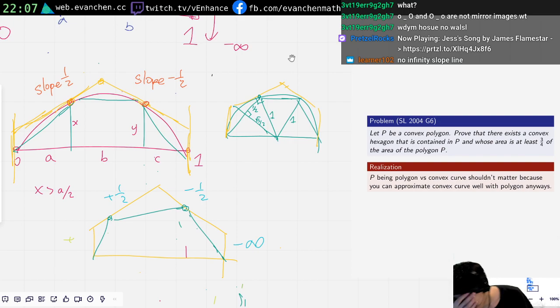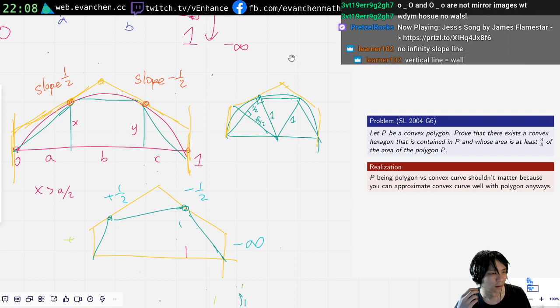Ah, frick. The house could not have walls, and if you don't have walls, you're in trouble. You need to pick a different point.